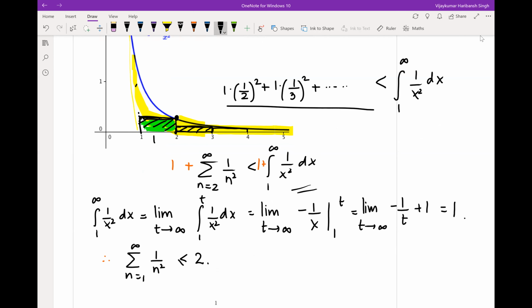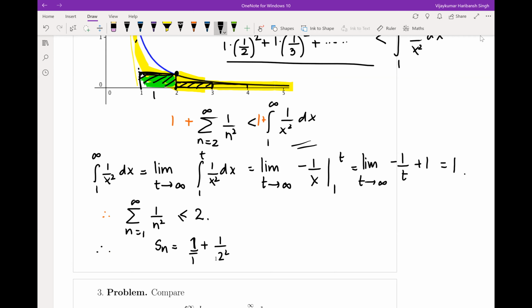Now note that if you look at Sn, which is the sequence of partial sums, 1 plus 1 by 2 square up to 1 by n square, this is a monotonically increasing sequence, right?